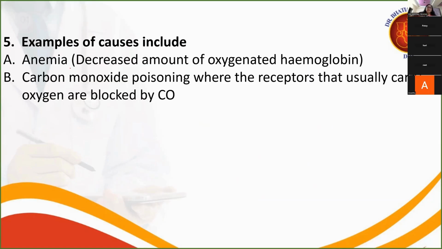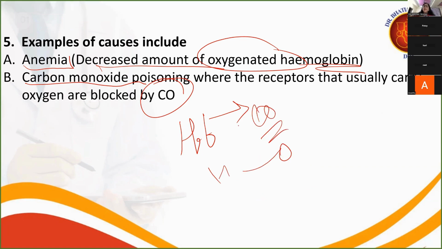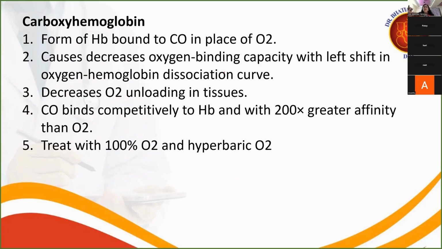This happens in anemia, when there is a decreased amount of oxygenated hemoglobin, or it can happen in carbon monoxide poisoning. Now, hemoglobin has a very strong affinity for carbon monoxide. So if there is carbon monoxide available, hemoglobin will not bind oxygen, it will bind carbon monoxide. That will lead to carbon monoxide poisoning, and that will cause anemic hypoxia.